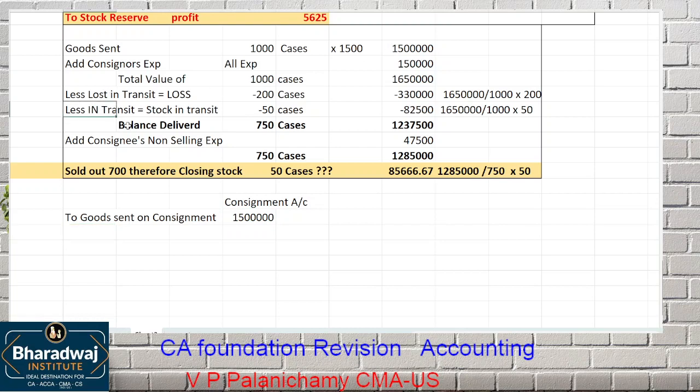Of course, there is a value for the goods. Only 750 cases are delivered.